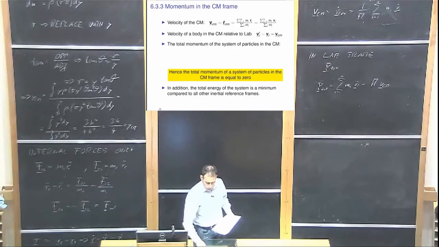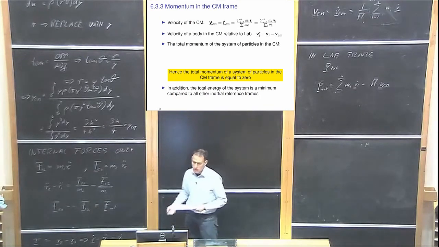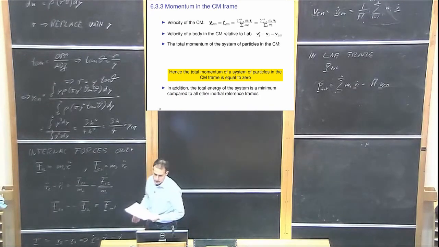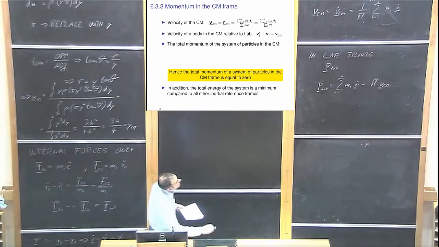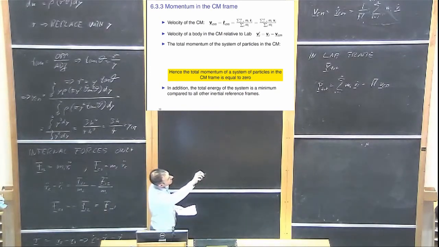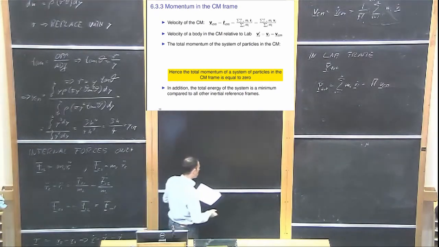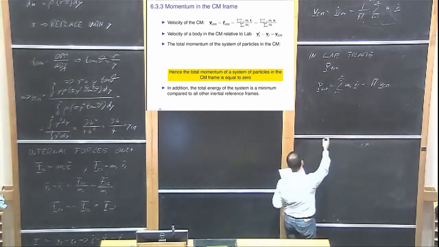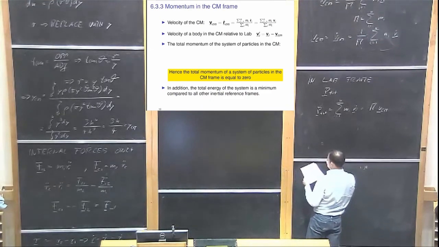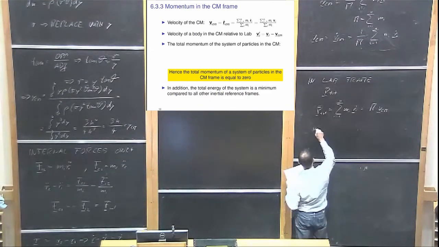Now, going from velocity and continuing with the momentum. So this is what I've written down before. V_CM equals R_CM dot equals the sum, and the velocity of a body in the center of mass frame. So we're going to transform now over from the lab frame to the center of mass frame. So I'm using the dash notation.